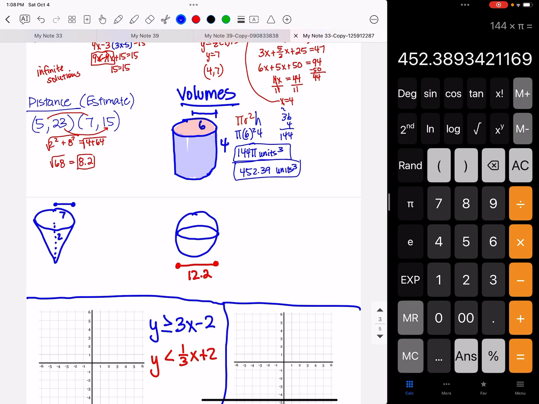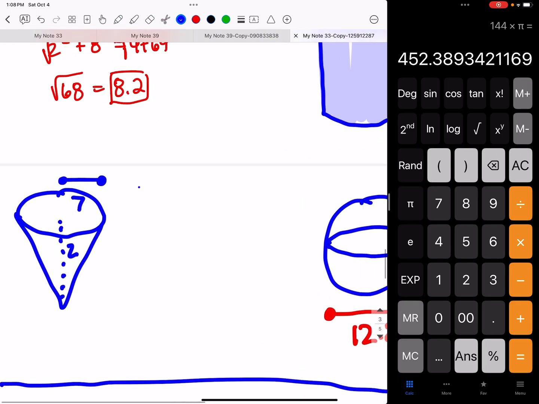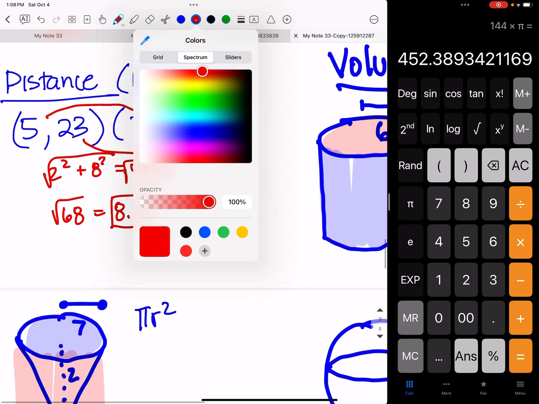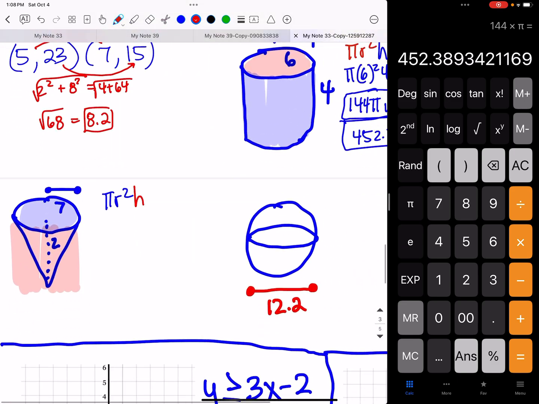All right, let's see. Over here. Okay, this is a pirate square, right? Pirate square that we give some height to. So we give it some height, but that's too much space. And then because it's too much space, we crush the top and divide by 3. So let's see. Pi times 7 squared times 2 divided by 3.